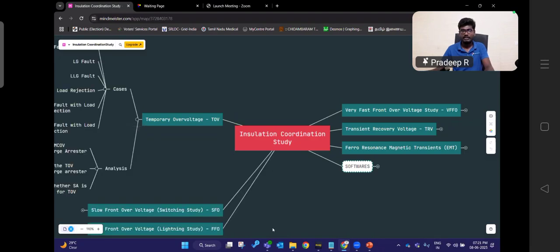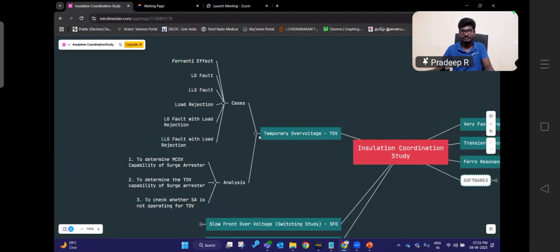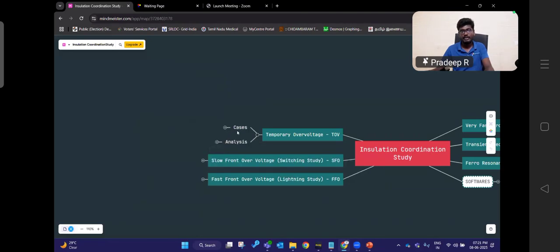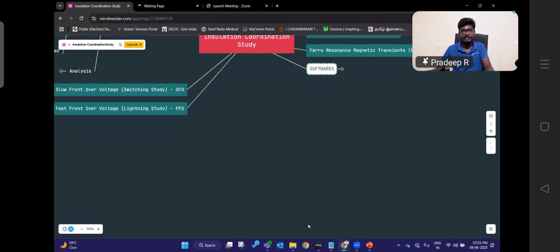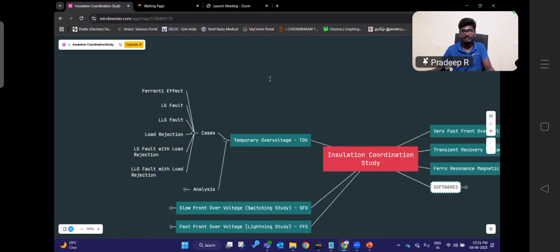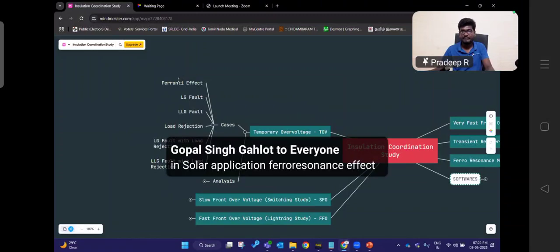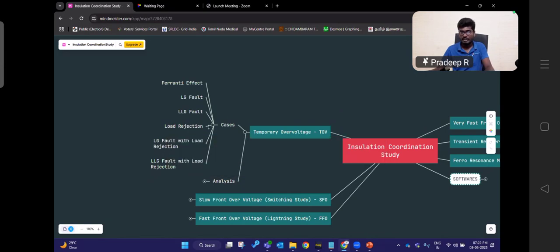Let me go one by one. First we can see what cases we are going to perform in our TOV. We will start with the Ferranti effect, as everyone knows. Then LG fault, LLG fault, then load rejection.